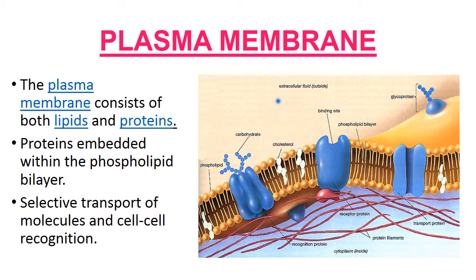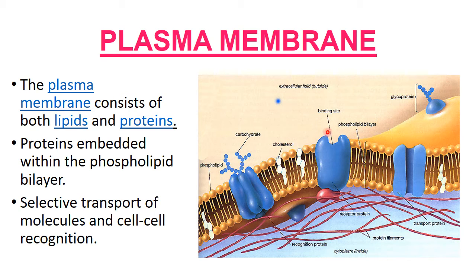Plasma membrane mainly consists of lipids and proteins. This is the phospholipid bilayer, and this is a cholesterol molecule. Then the carbohydrate molecule is coated on the plasma membrane. That molecule is known as the glycocalyx.